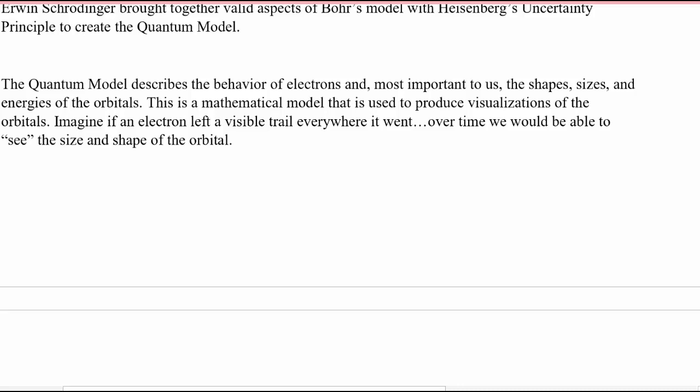Again, it is mathematical, but we aren't going to be working with the mathematical part of it. We're just going to be working with the concepts, like the visualizations of the orbitals, the shapes we would get if we used the math and graphed everything. So these shapes are coming out of this mathematical model.